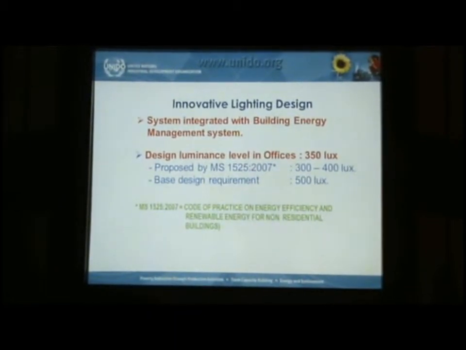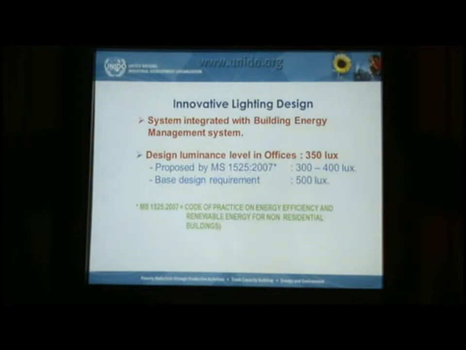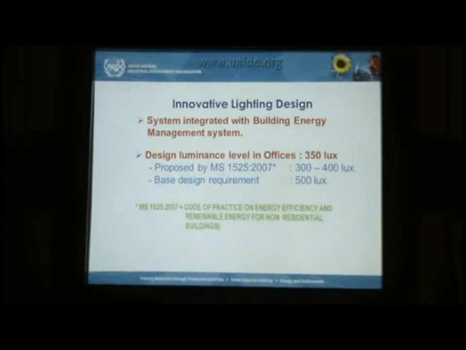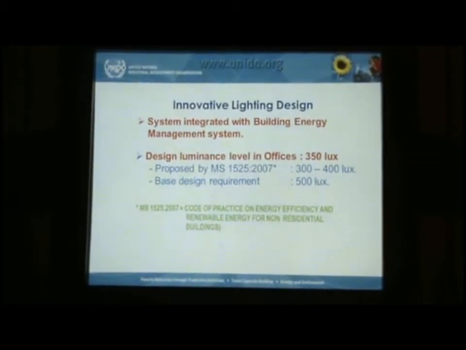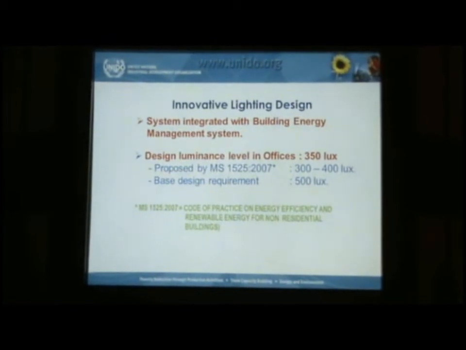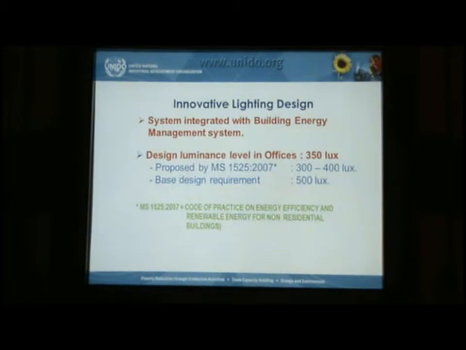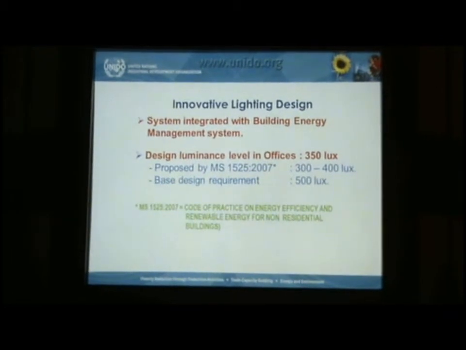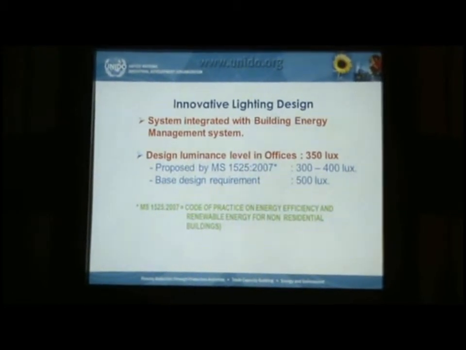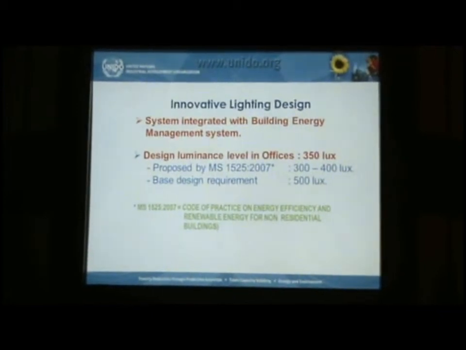Although at that time when we were using the illumination society of, I think, Europe, many architects were using up to 600 to 700, we felt that was a bit too much. 300 to 400 lux is just enough for general office work. Of course, if you want to do particular things like proofreading or any other detailed work, then you use your own separate task lighting.